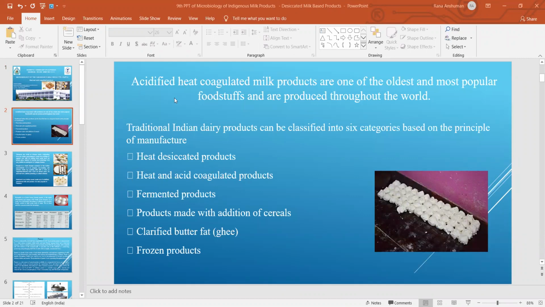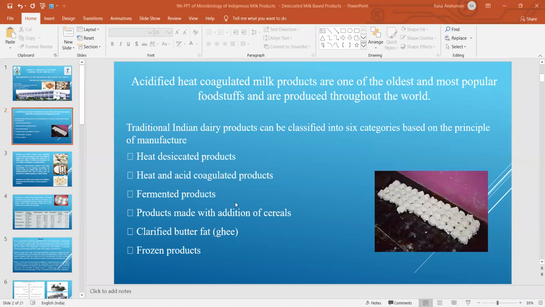We have already discussed different groups of traditional Indian dairy products, and they are classified into six categories: heat desiccated products, heat and acid coagulated products, fermented products, products made with addition of cereals, clarified butter fat, and frozen products.